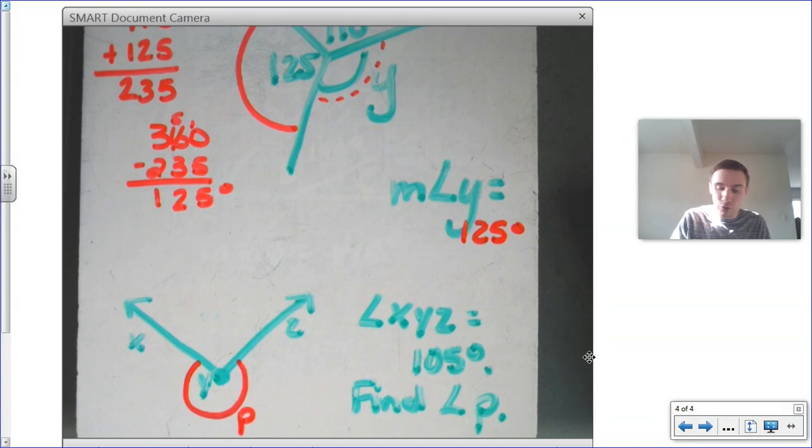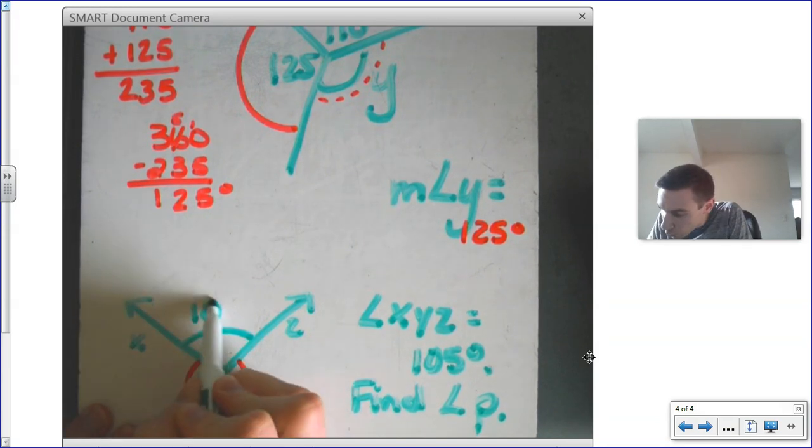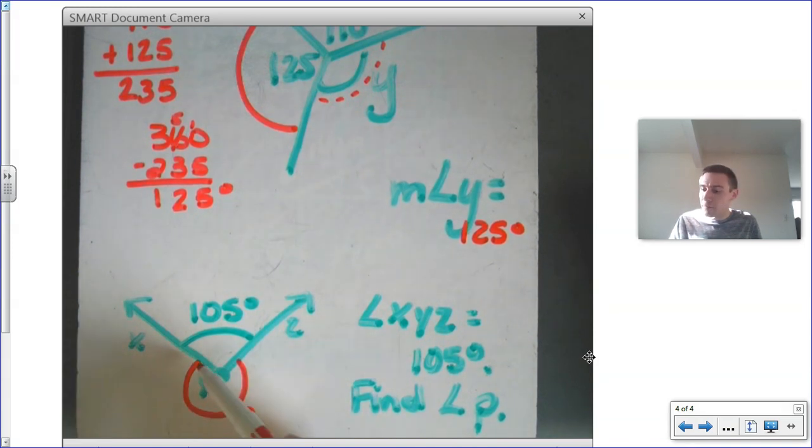So I'm going to use this marker right here just to shade this and tell us that this is 105 degrees right here. The problem, though, is asking me for angle P. And angle P is this reflex angle on the outside. Okay, it's outside the angle. Well, it's going around the point.